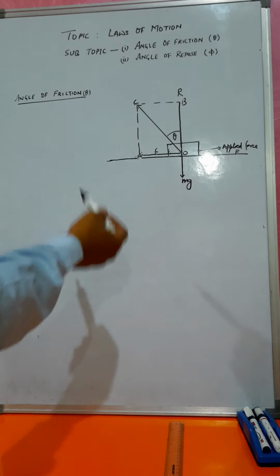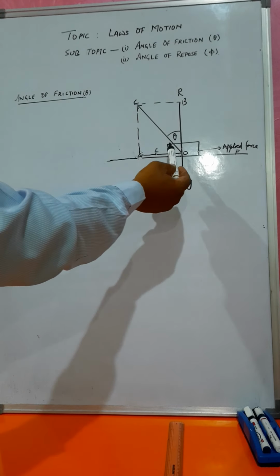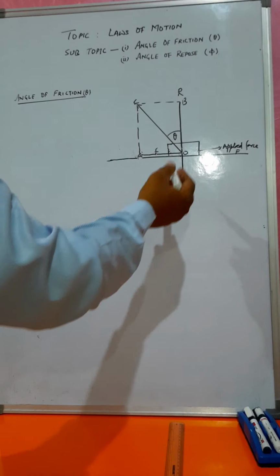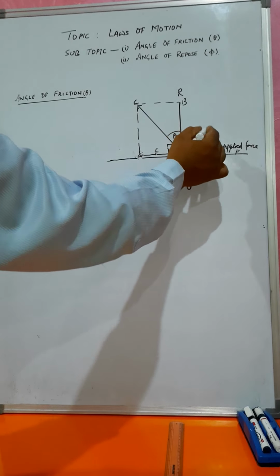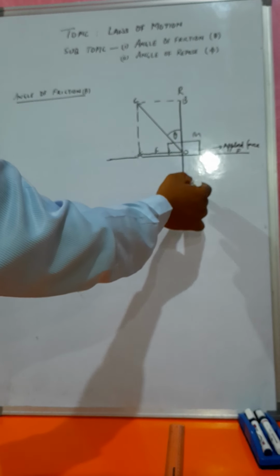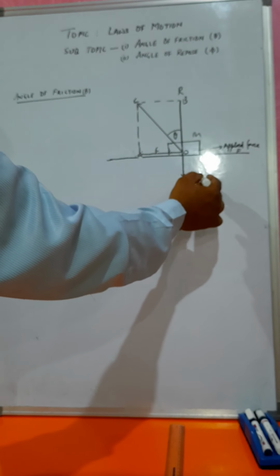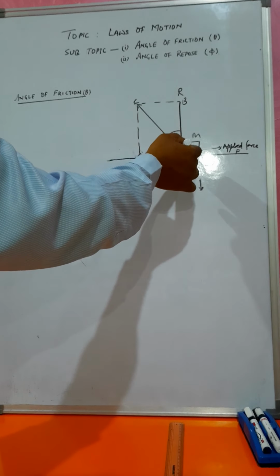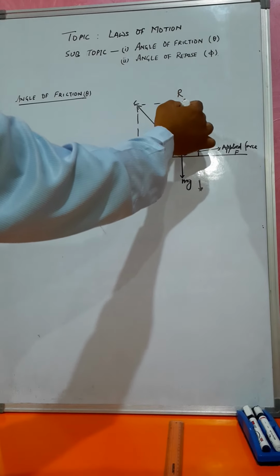Now consider that a body is placed on a horizontal surface and the mass of the body is m. There is a force which acts in the downward direction, that is mg, and it is balanced by the normal reaction.